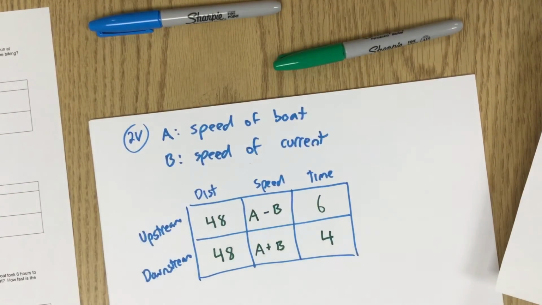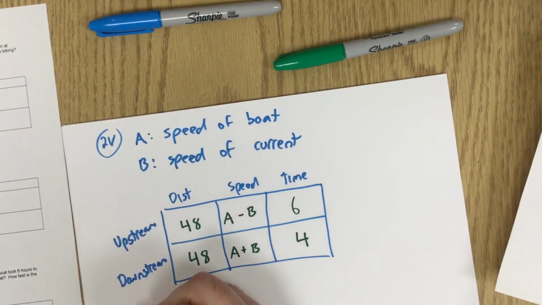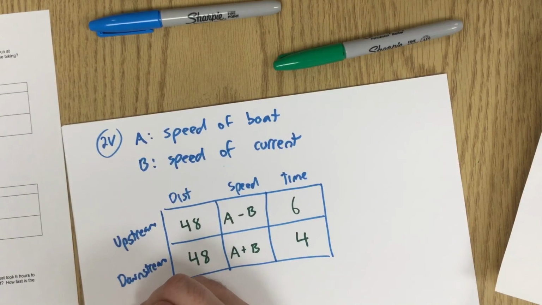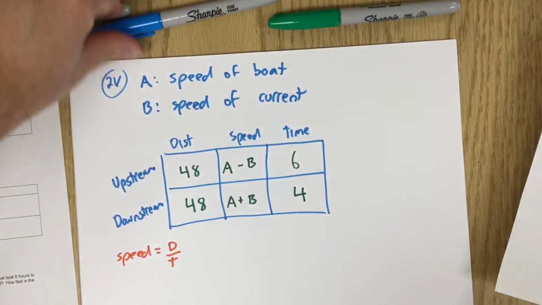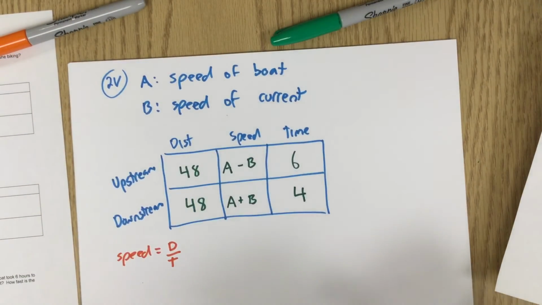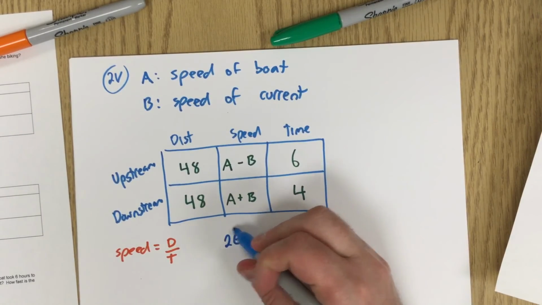And now we're going to go back to the formula, which I have moved, unfortunately. The formula is that speed equals distance over time. And so we can actually go right to our two equations.